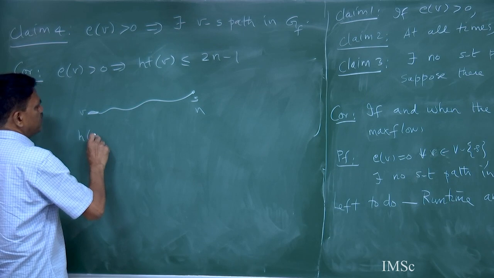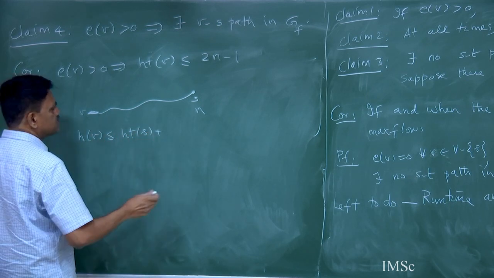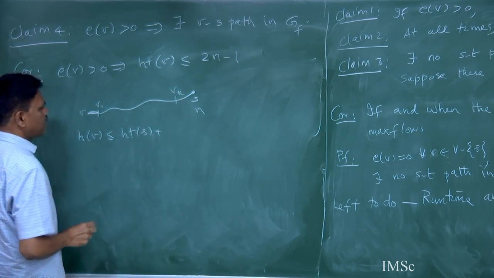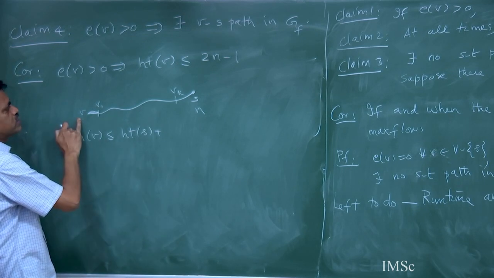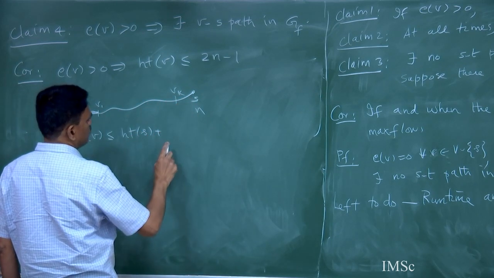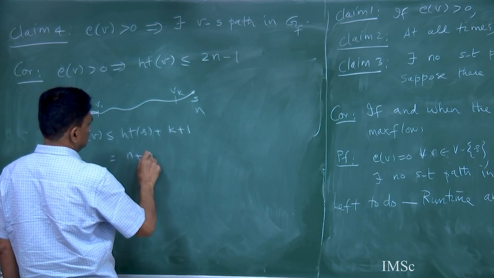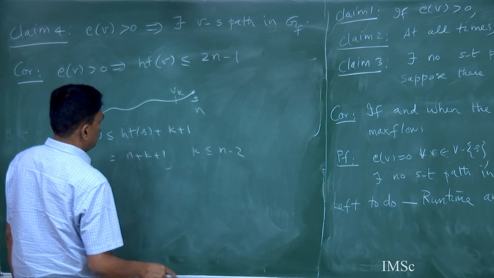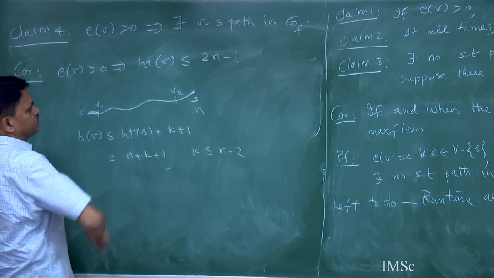So if you call this path V1 to Vk, height of V is less than or equal to height of S plus k plus 1. But k is less than or equal to n minus 2. So it's at most 2n minus 1.